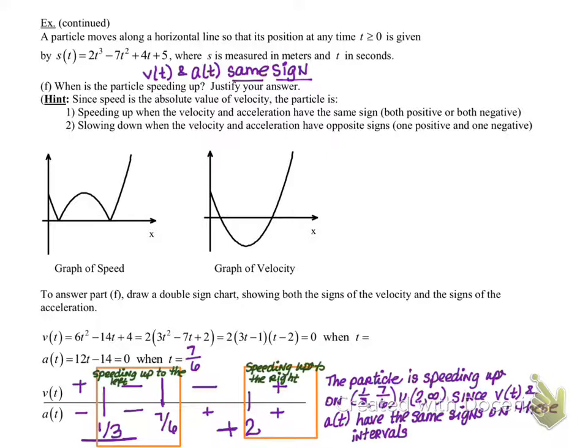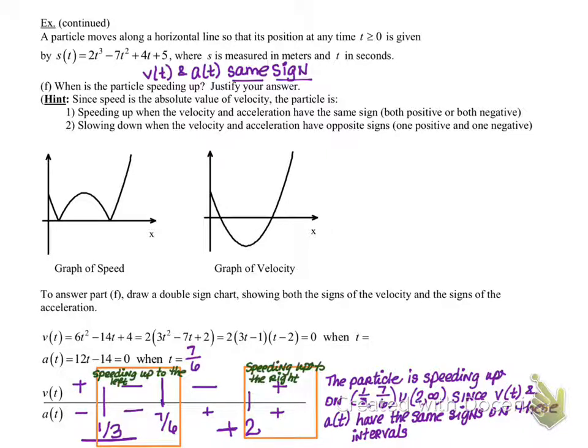Okay, the words are: the particle is speeding up on 1/3 to 7/6, union 2 to infinity, since v of t and a of t have the same signs on those intervals. These need to be complete sentences.